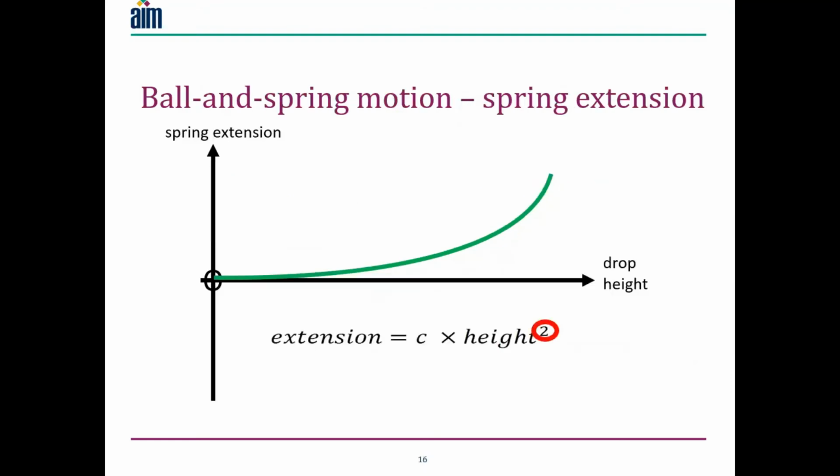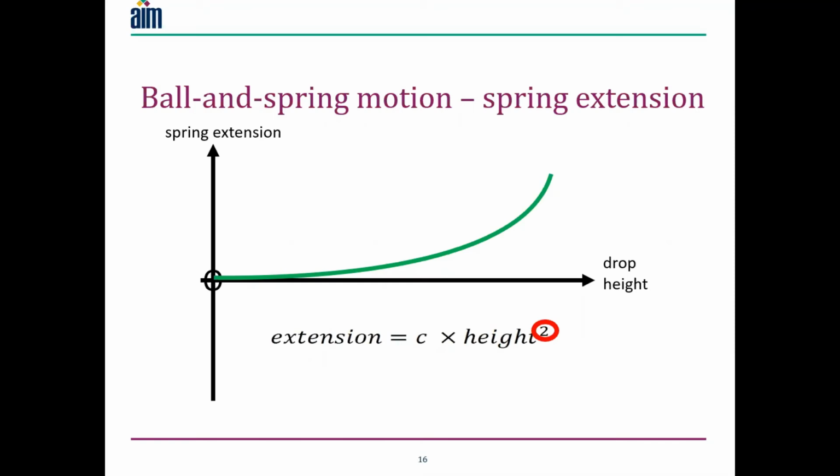So if you think back on what we just saw in the previous slide, where you can say that there are different extensions, when you go draw that out on a graph. So once again, this is a graph. What's on the horizontal axis? The height at which the box is dropped. And on the vertical axis is how far the spring would extend for a given spring stiffness and weight.